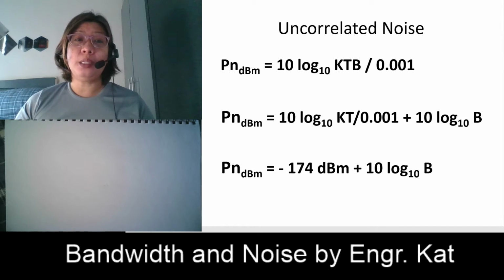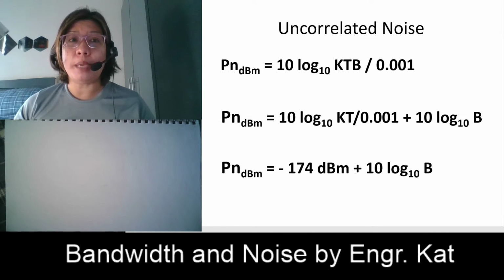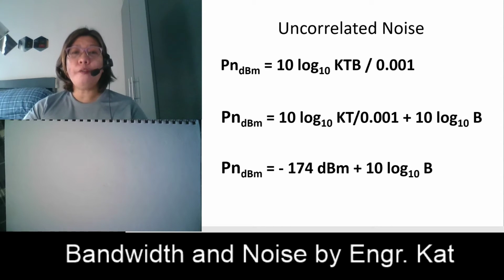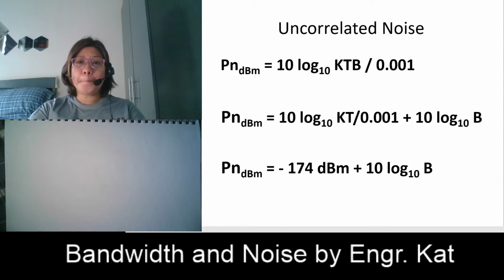This is given by 10 logarithm to the base 10 of KTB divided by 0.001, or 1 milliwatt. Since the bandwidth changes depending on the application you are using, we can also express your bandwidth in terms of decibels, which is equivalent to 10 logarithm to the base 10 of your bandwidth.